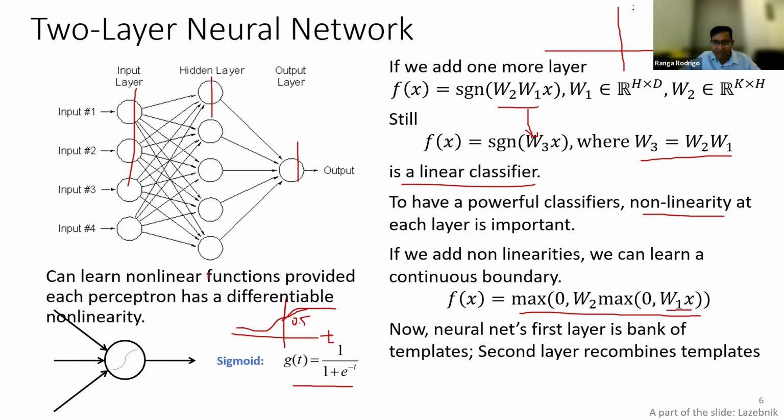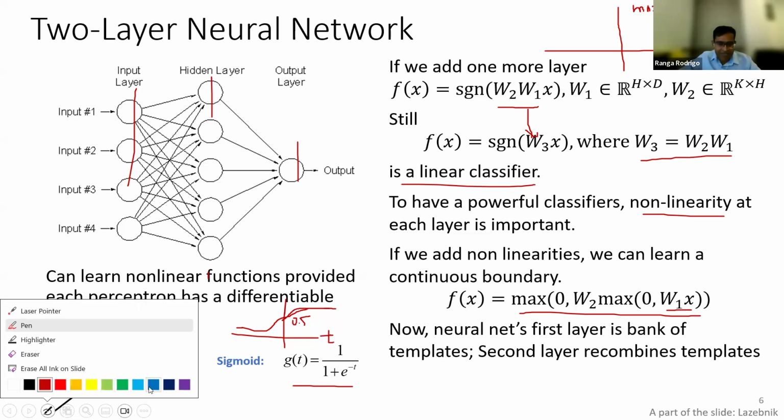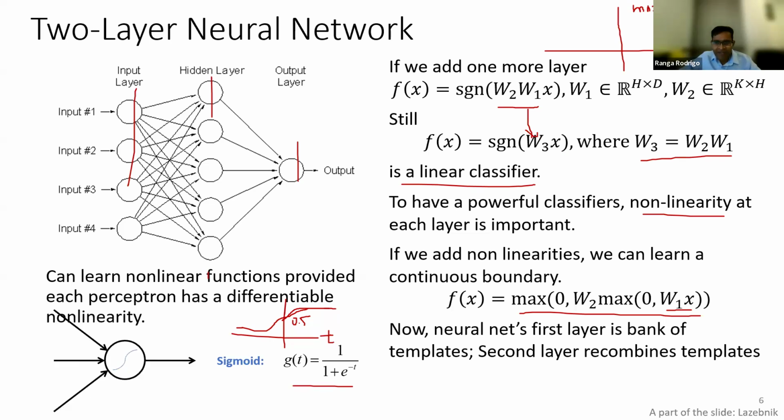Now what we want is the maximum value among 0 and W1x. There are two numbers. Assume that your W1x is negative. If your W1x is negative, that means we are considering a value like minus 5. Let's assume that W1x is minus 5.